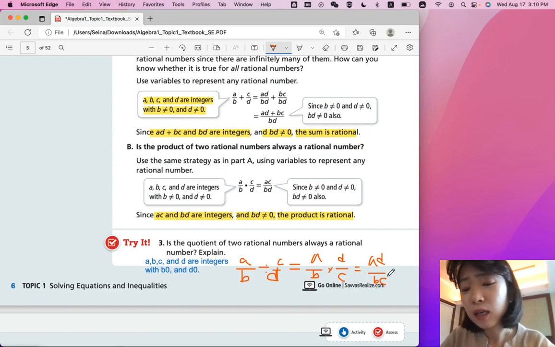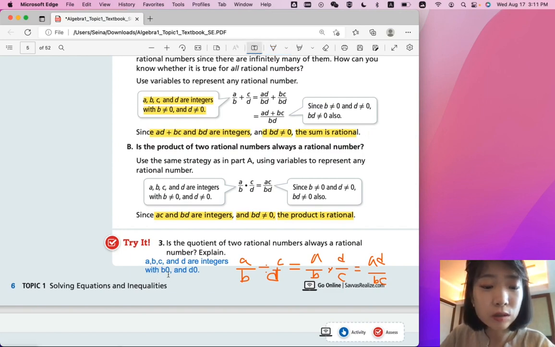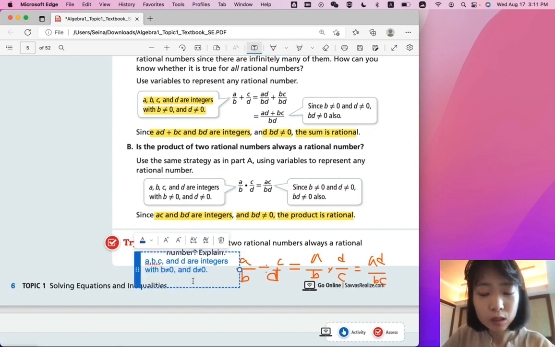If C is a 0, then it cannot be a rational number. So you can change this into C also not being equal to 0.